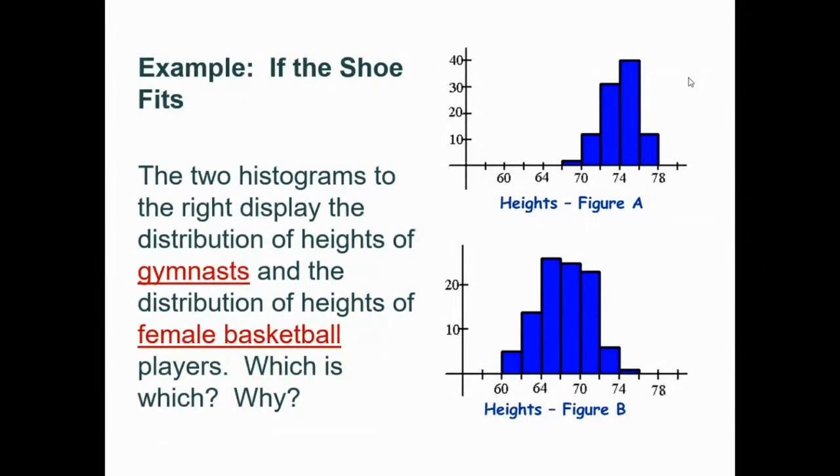Gymnast is B. Why do you think gymnast is B? Normally, if you play basketball, you don't get taller. So the taller people. Okay, fair enough. Anyone want to argue the other point? Like B's the basketball players?